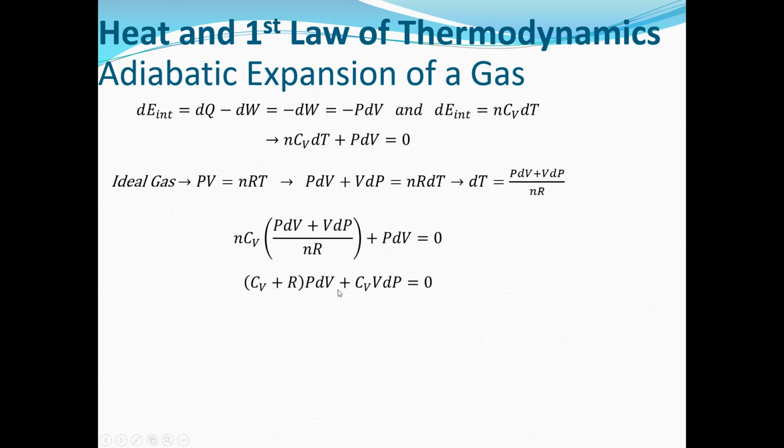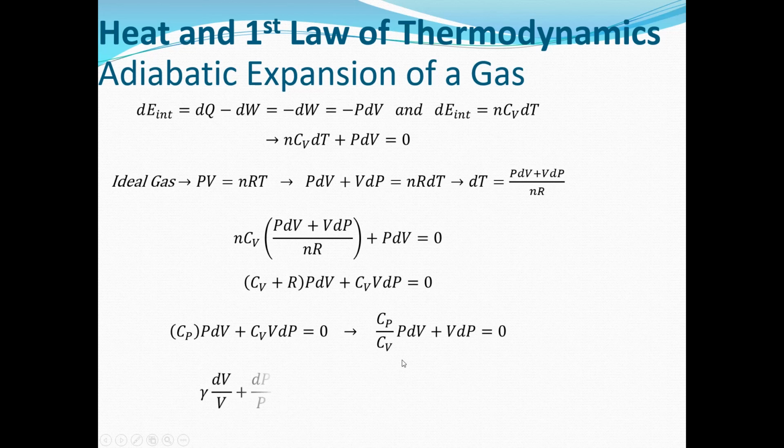We can basically just fool around with this, combine the dV's on these two sides, and have the dP on the other. We can actually combine this. If we remember that the difference between CV and CP is R, we can combine this into CP.